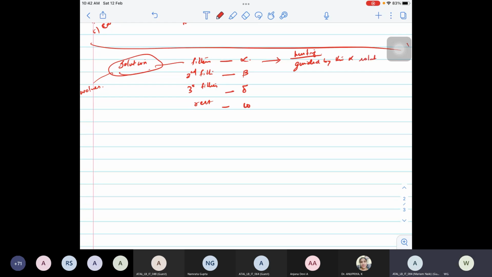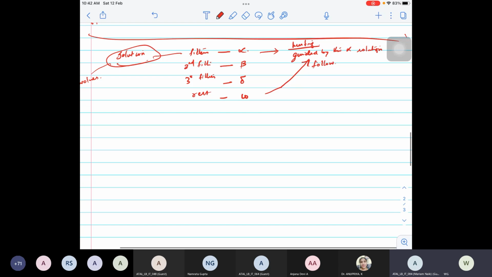So the hunting is guided by the alpha solution, and the omega will just follow the alpha solution. So during hunting, the gray wolves basically encircle the prey, right? So this is a normal behavior.